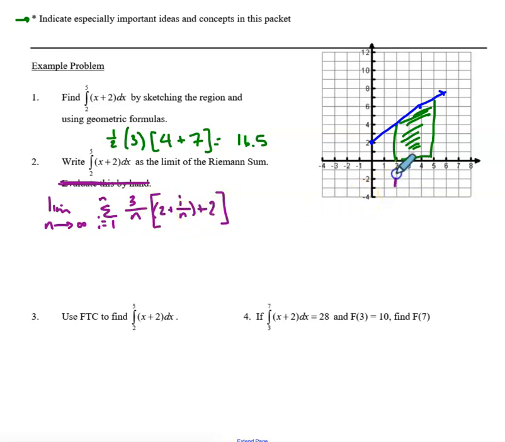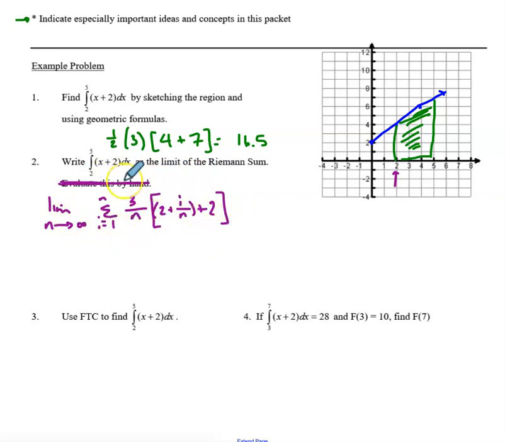So it starts you right here at 2, and then you are going to add, say it's the 10th rectangle out of n rectangles, it counts you over 10 rectangles on your journey from 2 to 5. So it gives you your left-hand side of the rectangle, and then the 2 adds to the height to get the y value, or the height of the rectangle, and then you multiply by this width, which is the total width of 3 divided by n.